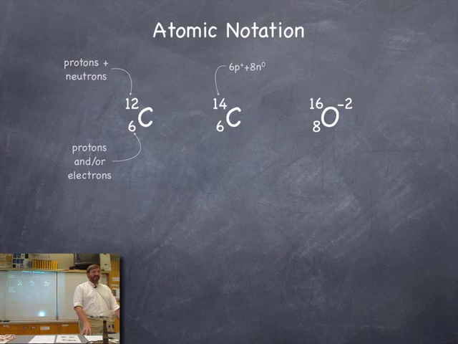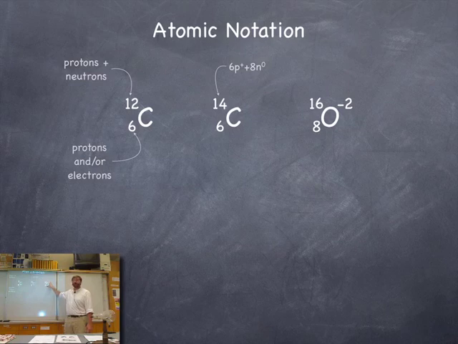Anions are negatively charged ions. We'll talk more about that tomorrow. But the idea here is that the number of protons and the number of electrons are not the same. Knowing that it's oxygen, I know that it has 8 protons. But the whole thing has a negative charge.